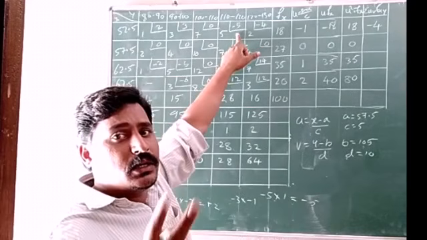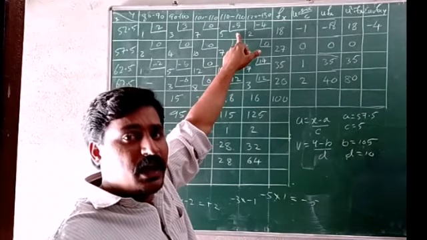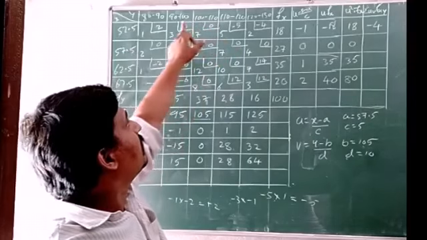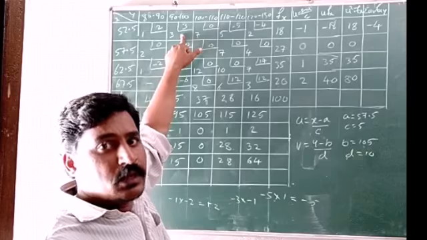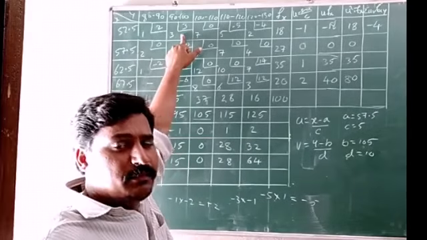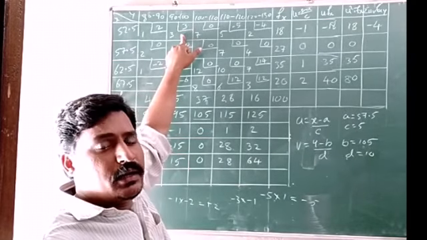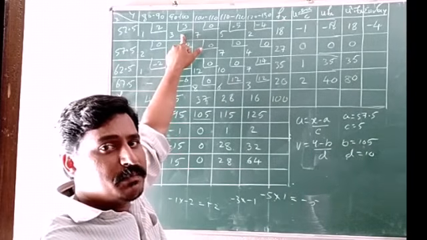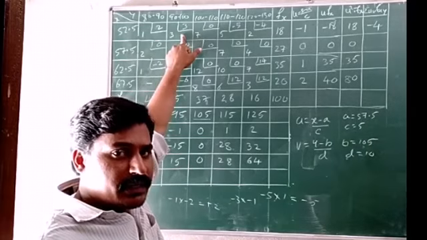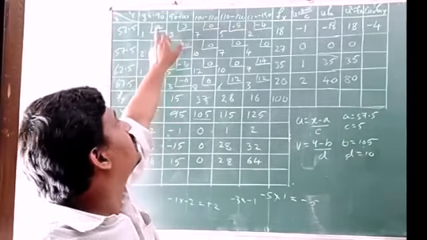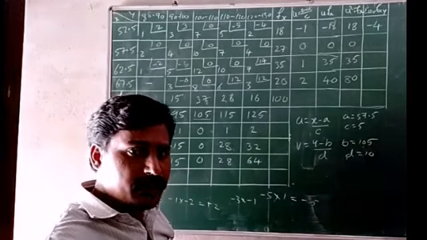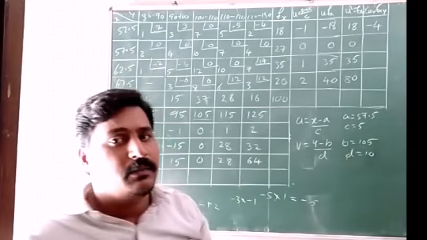Both are of same sign, add them. 5 plus 4, 9. Minus 9. Minus 9 plus 3. Opposite sign, deduct them from each other and write the sign of bigger number. So minus 9 plus 3, we get minus 6. Minus 6 plus 2. Again opposite sign, deduct them, write the bigger number's sign, that is minus 4.